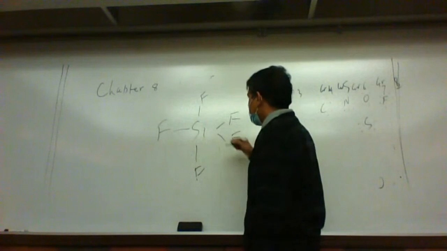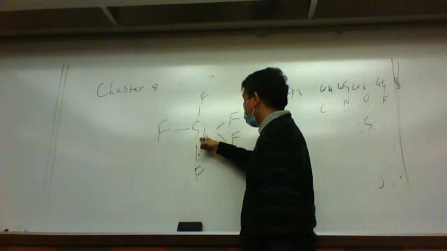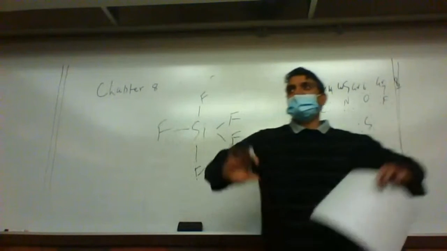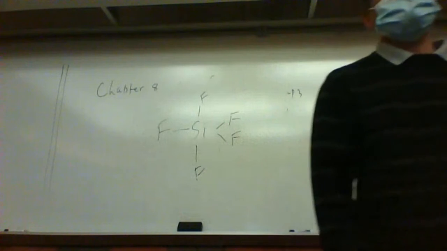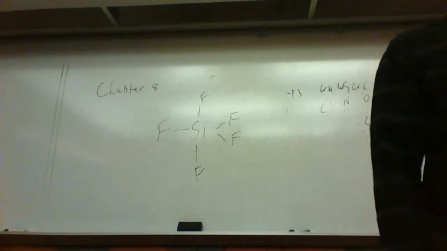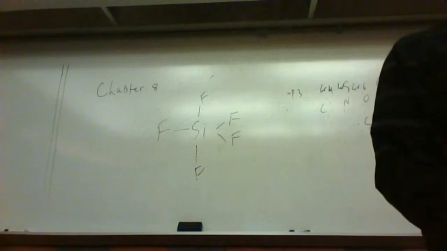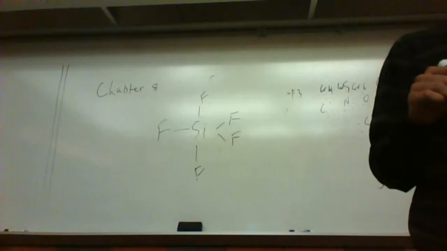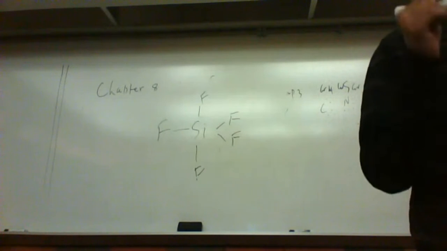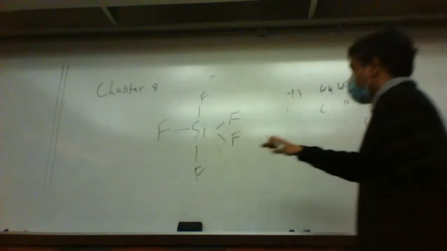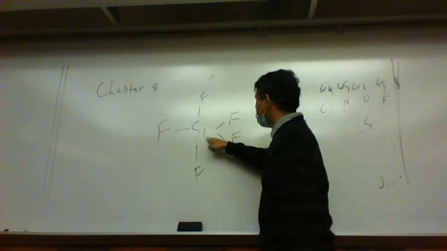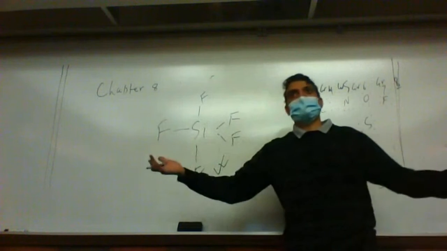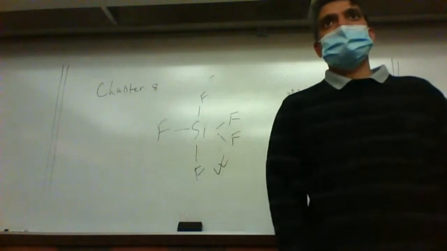If you count the electrons around silicon: 2, 4, 6, 8, 10. This doesn't behave according to the octet rule. Previously, I said to count the electrons around each atom, and if there are 8, you are good. But here there are 10 electrons around silicon, and this is good, because silicon doesn't follow the octet rule.